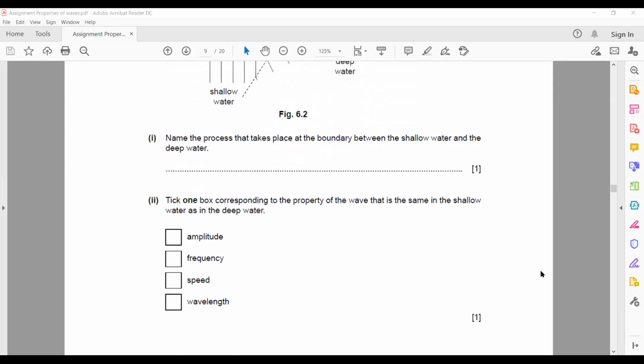Use the screen annotation to tick the box. You can mention the answer in the chat as well. Yes, the frequency. Yeah, that's right.